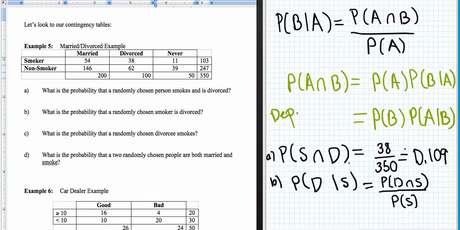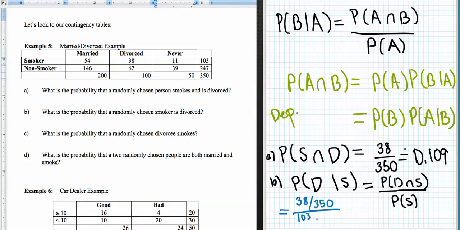Let me show you. I'm going to put this in blue, so if you have a hard time seeing it, you'll have to focus on what I'm saying. So divorced and a smoker, that's 38 out of 350. And the probability of a smoker, there's 103 smokers out of the 350.